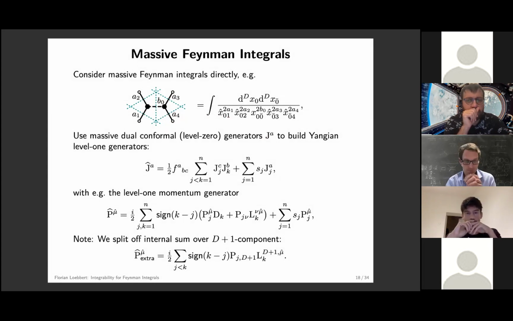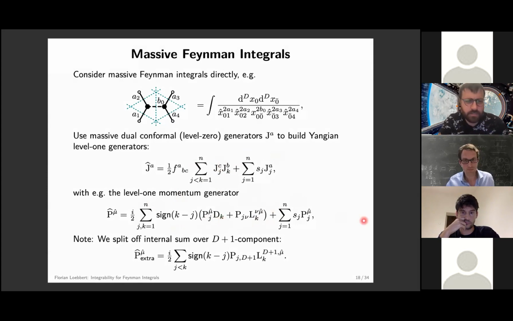The green lines give you the momentum space graph. And what you can do is to build the Yangian generators as we did before, but now based on this massive version of dual conformal symmetry. So we plug in here the same densities, including these masses. And again, this level 1 momentum generator, for example, takes the same form as before, just with different densities here.